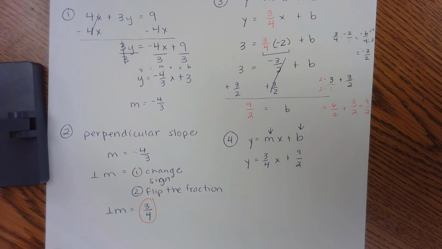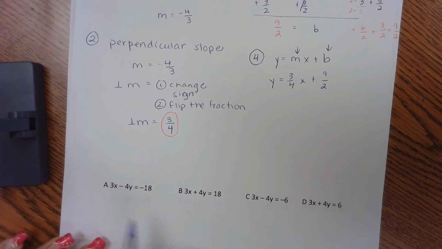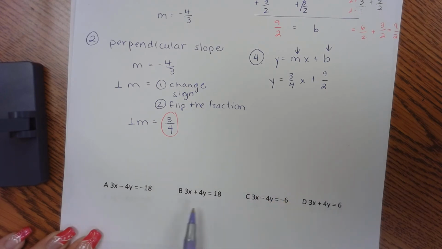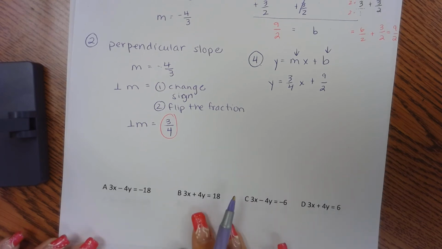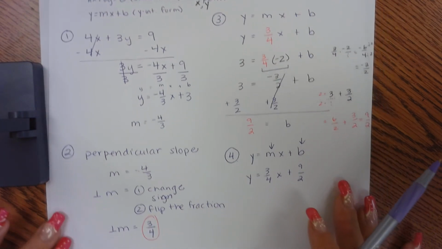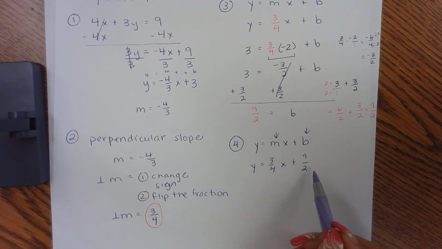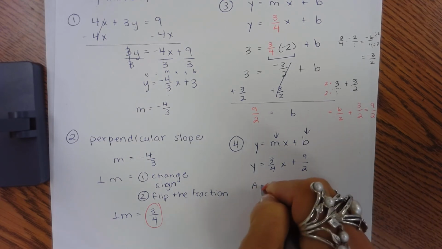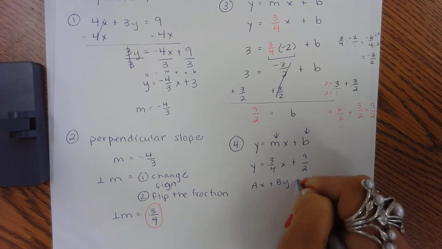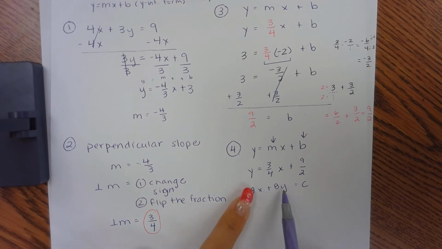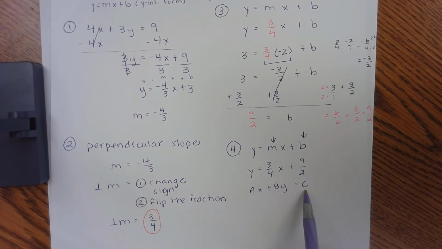Now, when I look at my answers, I see that my answers are not in y-intercept form. This is y-intercept form. They actually put it back into standard form, the same way that they had given the original equation up here. So to get to standard form, let me write what standard form looks like again, which is ax plus by equals c. We need to have our x over here, keeping our y here, and we have c on this side.